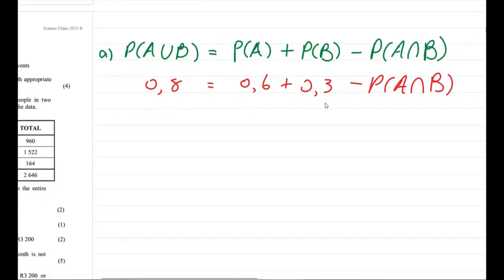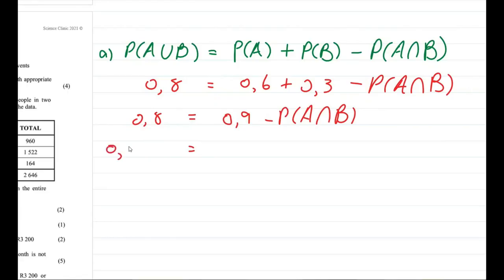Right. So let's go and solve it. Consider this like it's X. So let's solve that probability of A and B. What are we going to do? I would first add 0.6 and 0.3, which is equal to 0.9. Then I'll move it over to the equals.